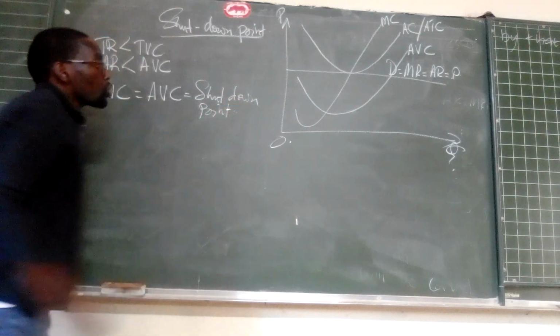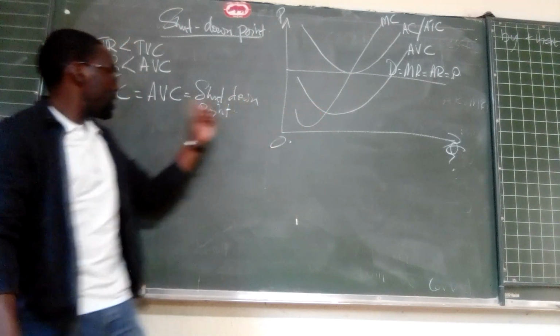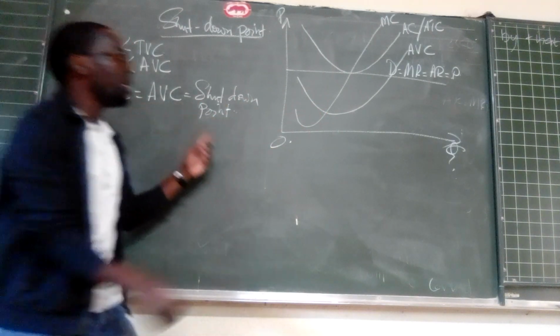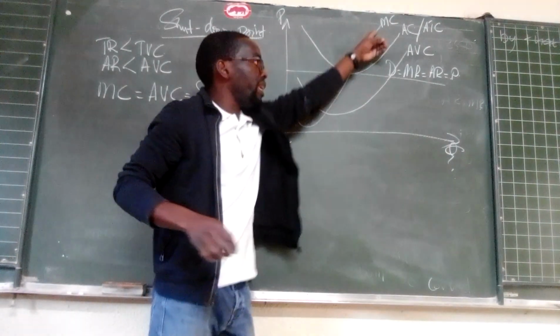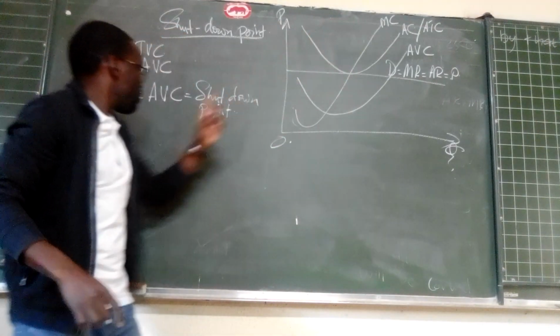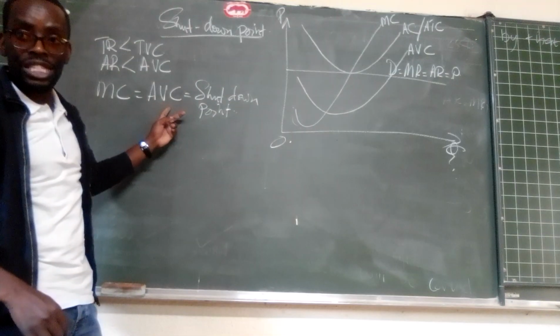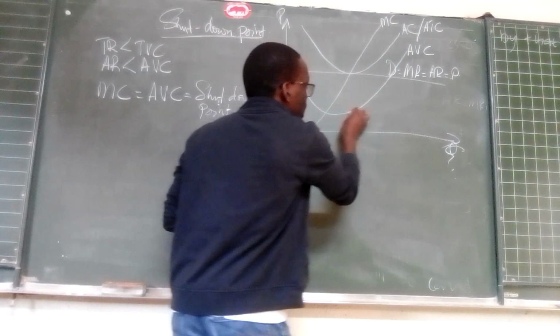In this context, we need to identify the shutdown point. It is a point at which MC, which is this tick that we have here, is equal to our AVC curve, which is our average variable cost.